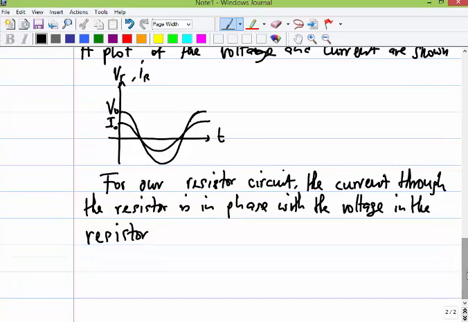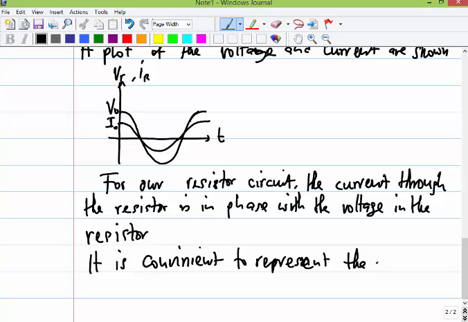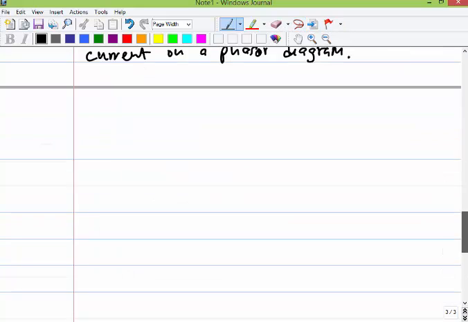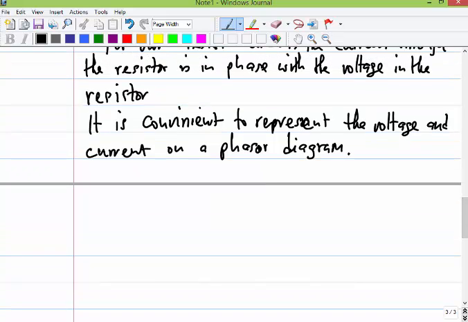We can represent this also on a phasor diagram. It is convenient to represent the voltage and current on a phasor diagram. So we can look at what a phasor diagram looks like. A phasor is just a vector representation.